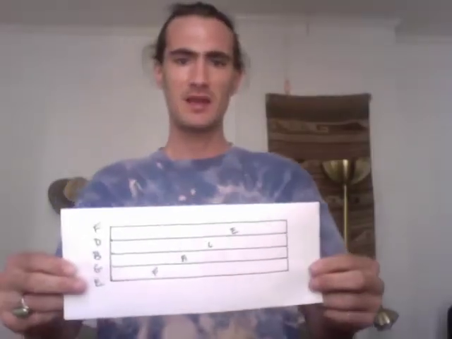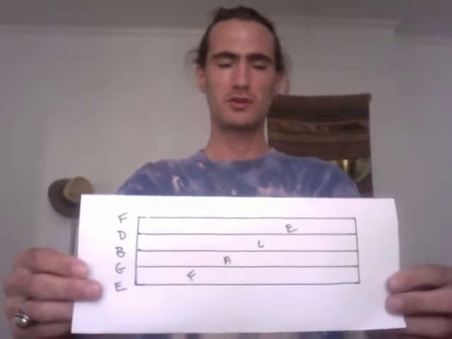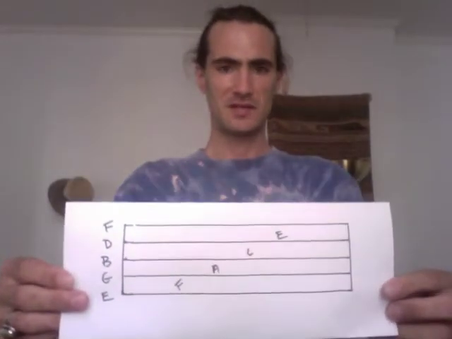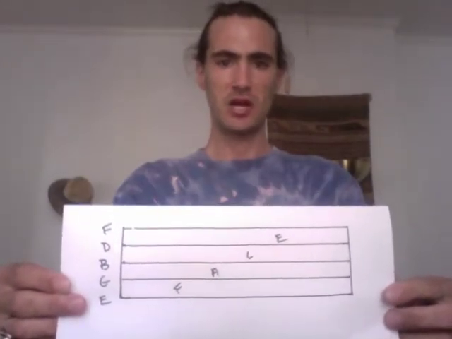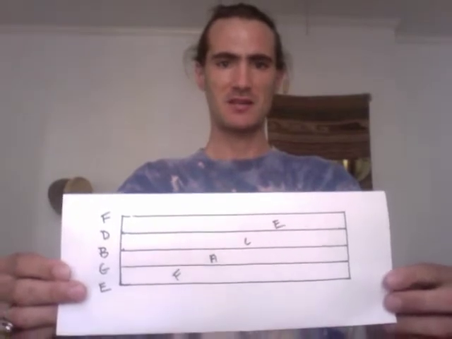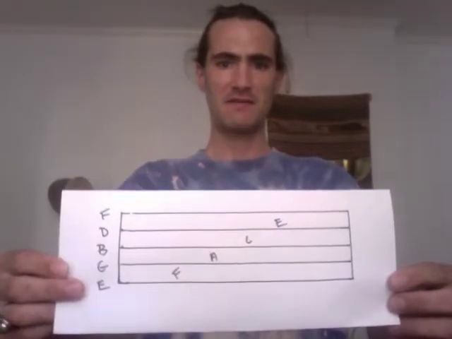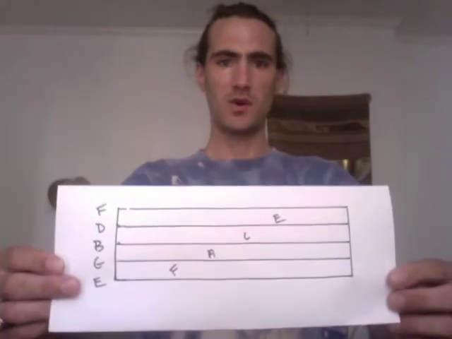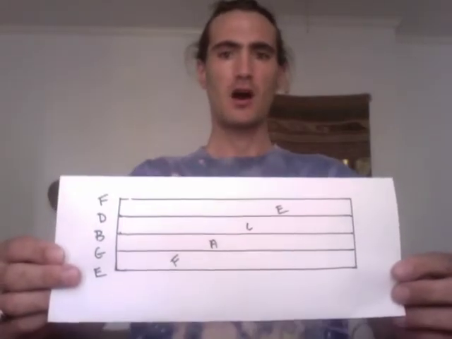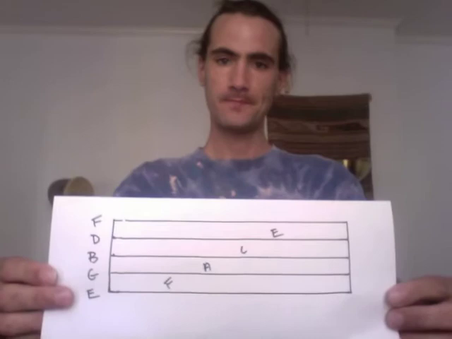The staff is the place where all musical information lives for the purpose of these videos. The staff is a collection of 5 lines and 4 spaces on which music is written.